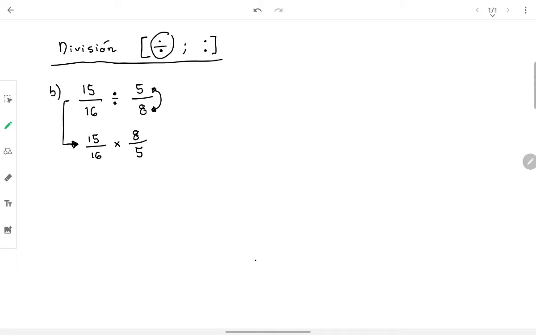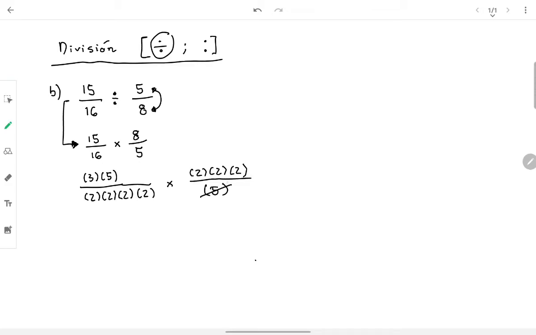Then we can decompose the numbers. 15 is 3 multiplied by 5. 16 is 2 times 2 times 2 times 2. 8 is 2 times 2 times 2. 5 is only 5.